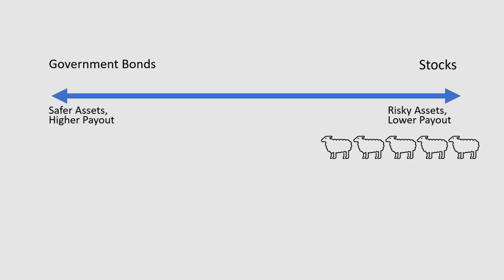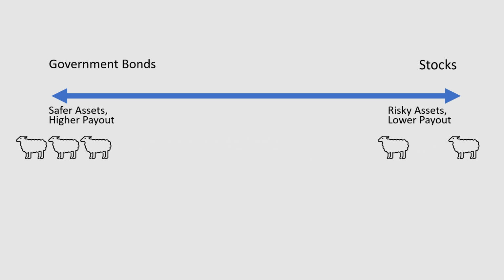An investor might find it more and more attractive to move their money from low-paying risky stocks to high-paying safe government bonds, eventually pulling money away from stocks and into bonds. In addition, buying stocks with borrowed money, which is called buying on margin, becomes less attractive in a high interest rate environment.